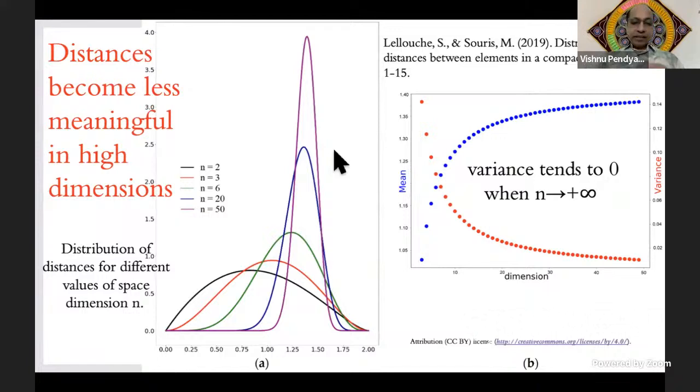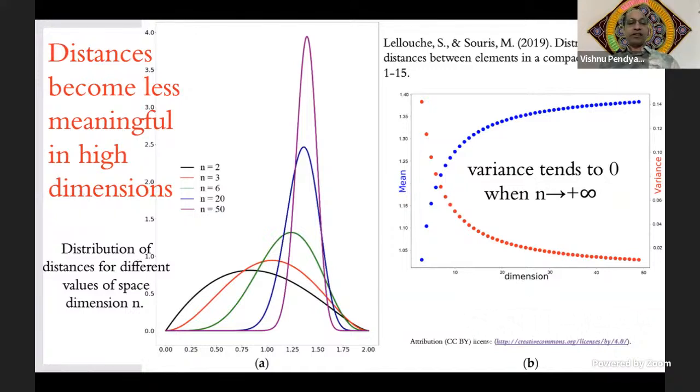The other major point with large dimensions is that distances become less meaningful. So here's a paper published in 2019. And the blue dots are the mean of the distances between the points. So basically, the pairwise distances between the points are kind of normally distributed because we know the central limit theorem.